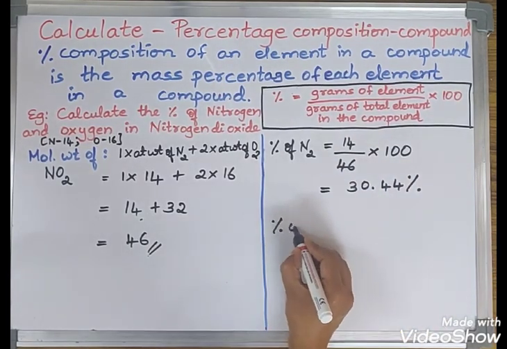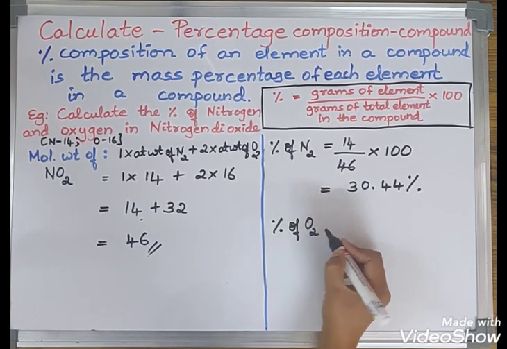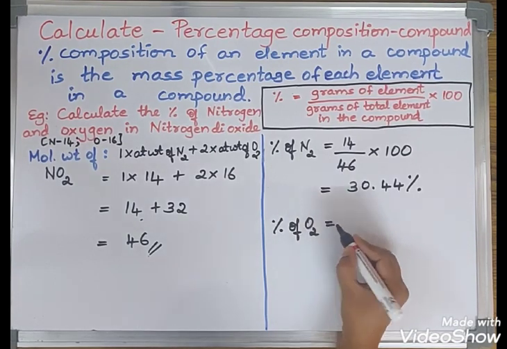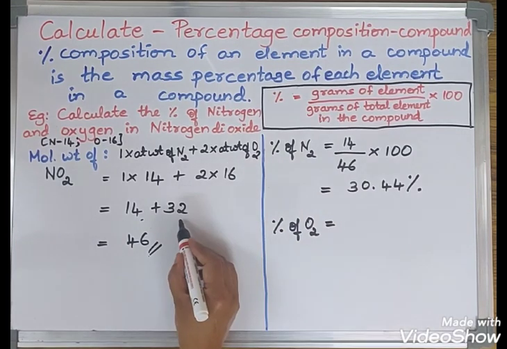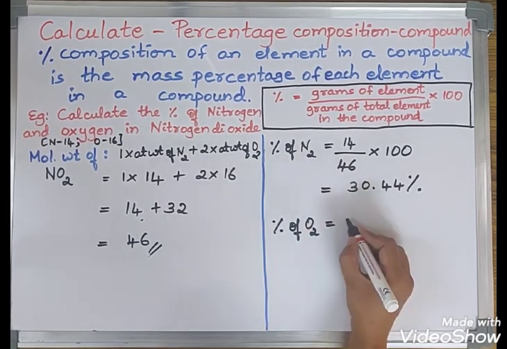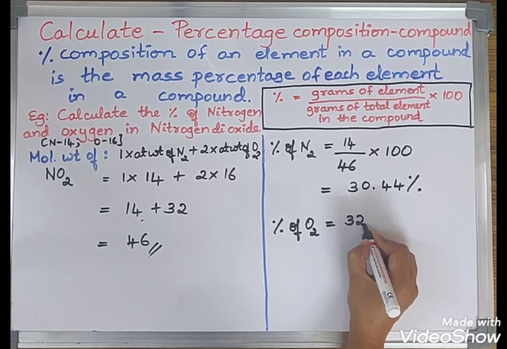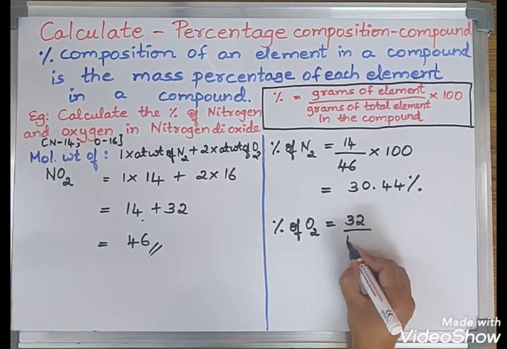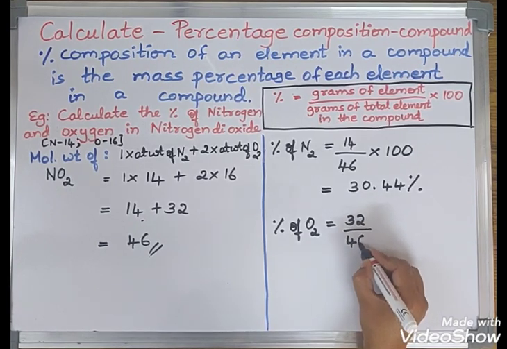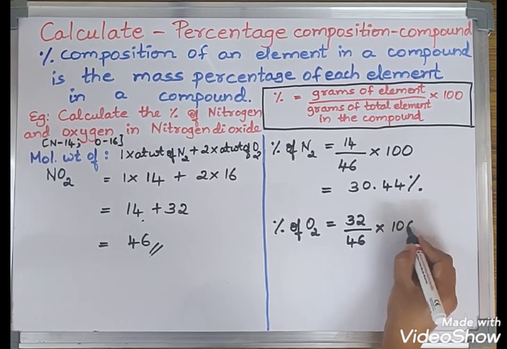Similarly, the percent of oxygen in NO2. We take the mass of oxygen, 32, upon molecular weight of NO2, 46, into 100.